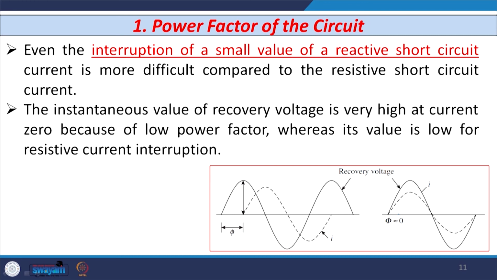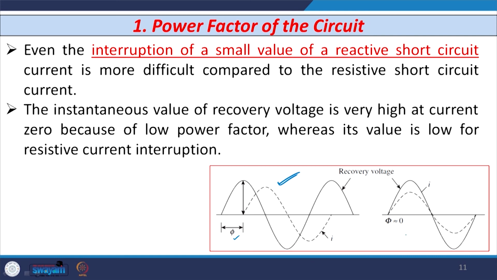You can see that I have shown two important waveforms. In the first waveform, the value of phi is very high, so the angle between the recovery voltage and the current to be interrupted is very high. So, the power factor is very low, because cos phi is very low. Whatever voltage appears across the contacts of the circuit breaker, that recovery voltage, is high.